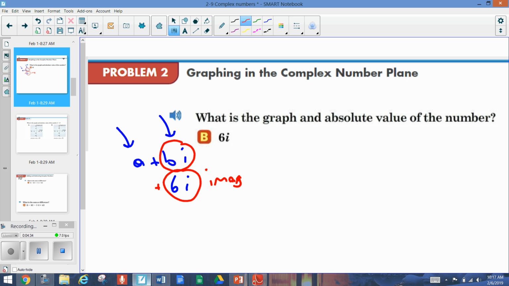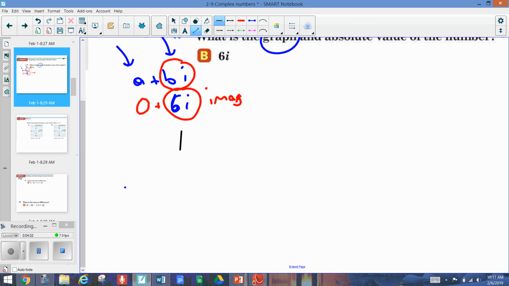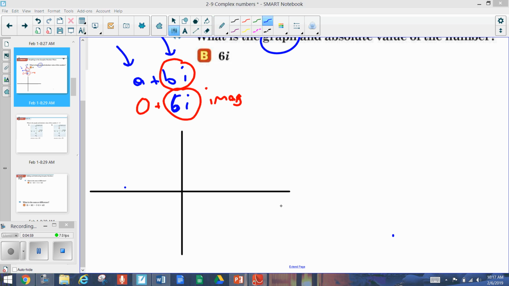Let's get back. Okay. Right here. 0 plus 6i. Does that make sense? Let's graph that real quick. So x-axis. What was the x-axis? Real or imaginary?